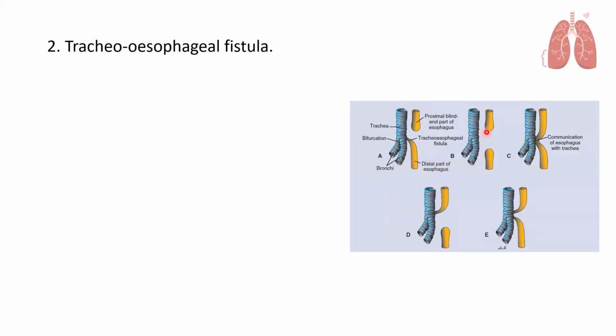In this type, there is only esophageal atresia and there is no fistula. Fistula means a connection between two epithelial surfaces. In this third type, you have a communication of the esophagus with the trachea, both proximal and distal parts communicating with the trachea. In this type, you have the proximal part connecting with the trachea. And in this, you have the proximal and distal parts connecting separately.